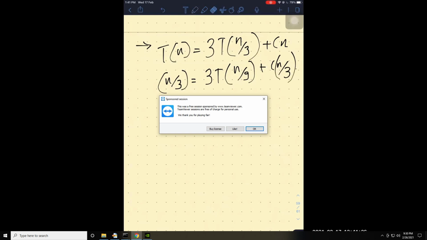Why do you do T of n divided by 3? Because we have n divided by 3 here in our original equation. Is it clear? Any other question? How we are getting these terms? Okay, so next we will try T of n divided by 9.